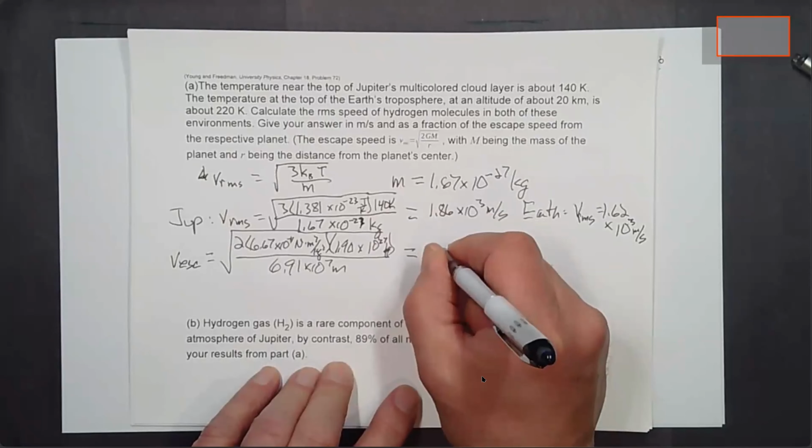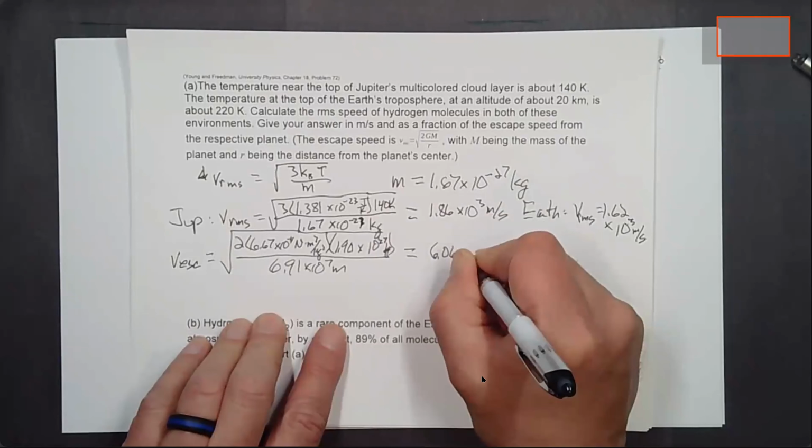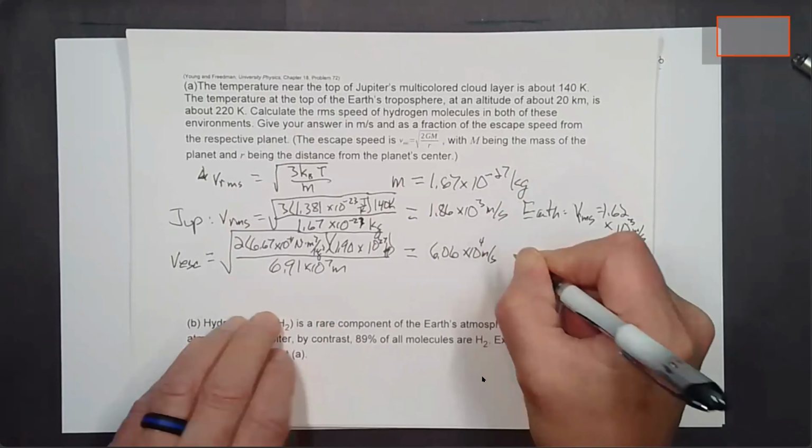Okay, and I get 6.06, I have three sig figs everywhere, times 10 to the fourth meters per second.